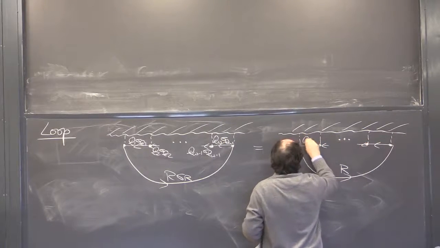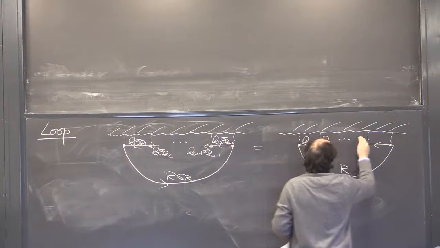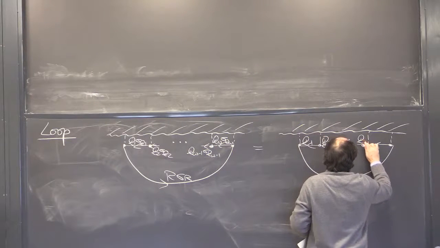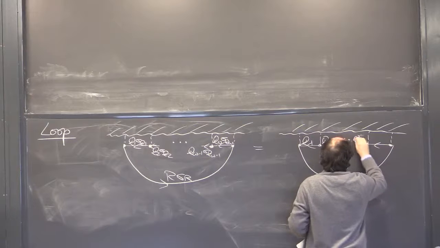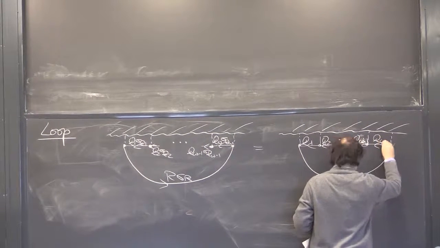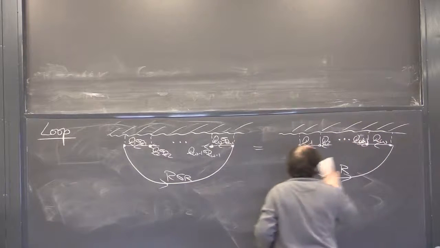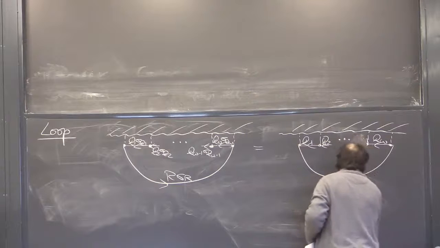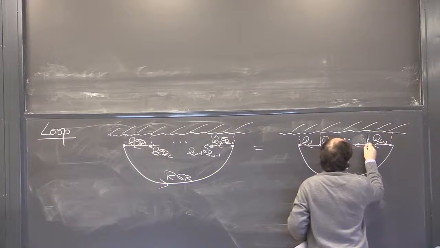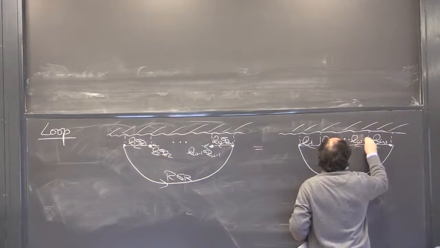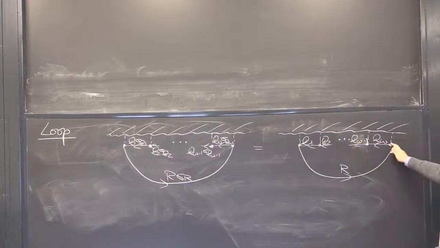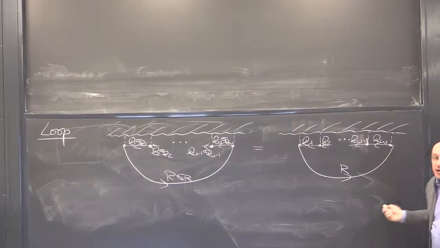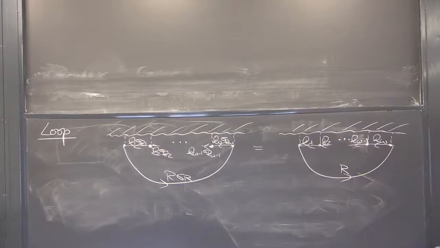So we have Q1 here, Q2, Q3, sorry, Q omega minus 1, and then Q omega. So we have Q1, Q2, Q omega minus 1, Q omega, R. So that's the orbital part. So we can read from it all the scalars, you know, all the matrix elements, obviously.